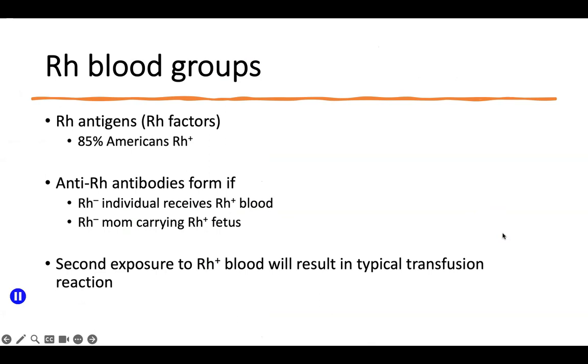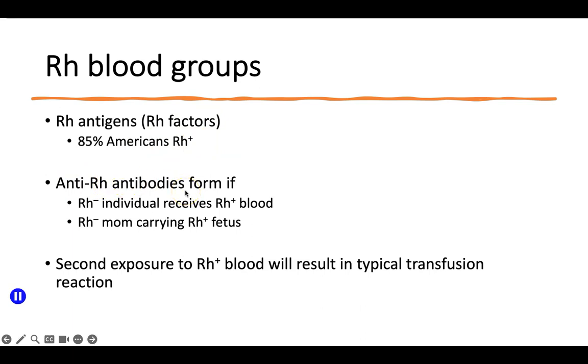In addition, you will often see plus or minus. So if you think about your own blood type, you might be O positive, or maybe you're O negative. And the plus and the minus at the end stands for something called an Rh antigen, or an Rh factor. 85% of people in the United States are Rh positive, meaning they do have that Rh factor.